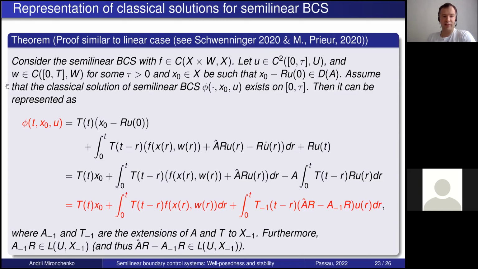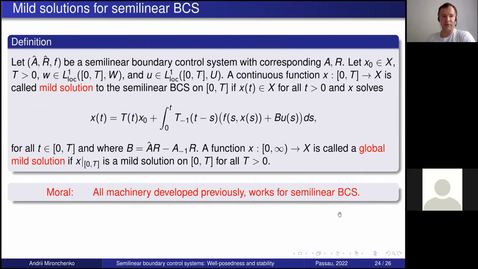And now we can just take this formula as a definition of a mild solution for this boundary control system. And we say that for all u, w from L1 loc, and any initial condition from X, we will call a continuous function satisfying this integral equation a mild solution of our semilinear system.